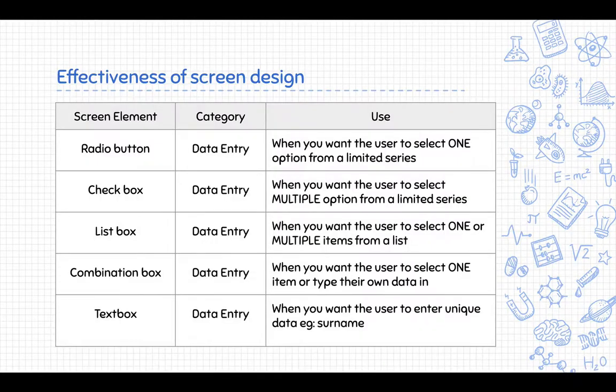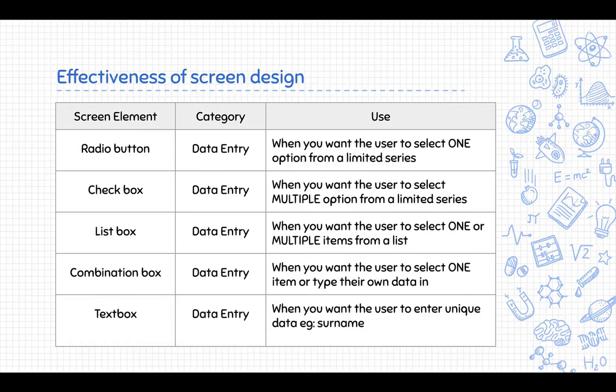So the first one is a radio button. Most of you guys will look at this and say, oh yeah, that multiple choice button. Please never, ever call it a multiple choice button again. Its technical term and the subject-specific terminology you need to use is radio button. You use this when you want your user to select one option from a limited series of options.